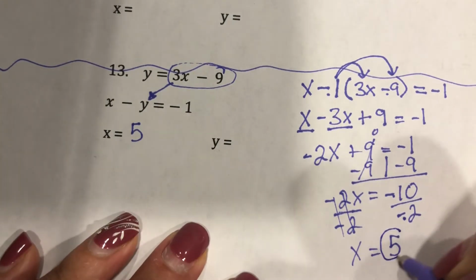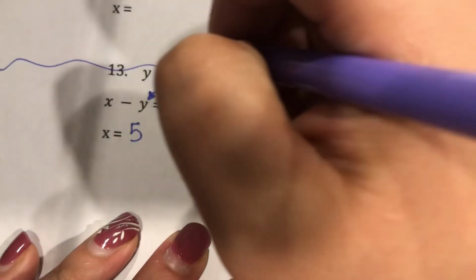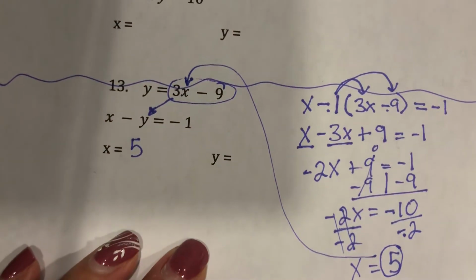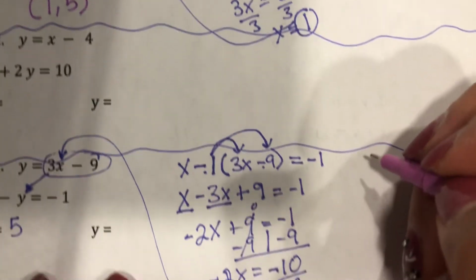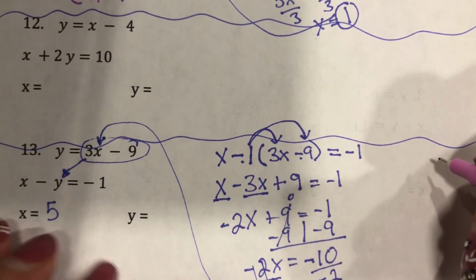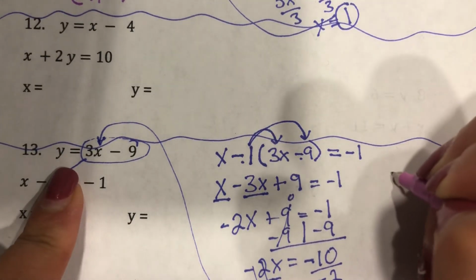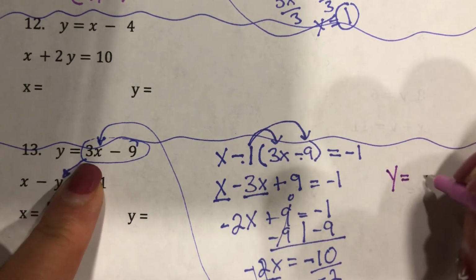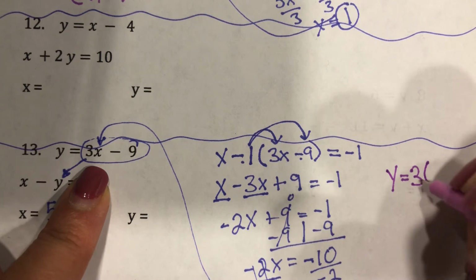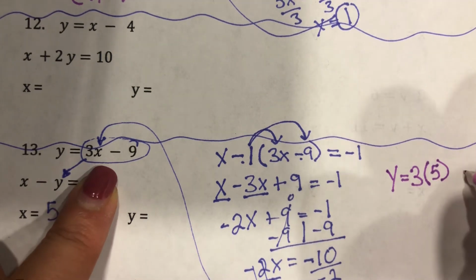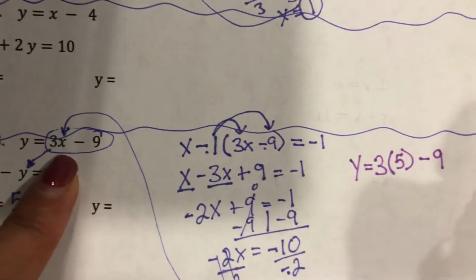I'm going to take this 5 and substitute it in for that x. So I'll do that in a different color. So I have y equals 3 times 5 minus 9.